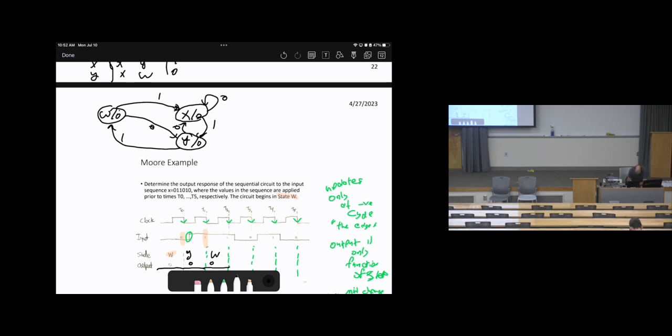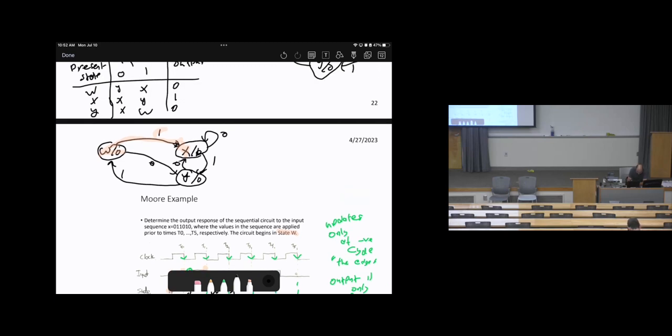Now, we are at W and the input is 0. If the input is 0, it will go to Y. Let's see here. I'm sorry, here the input is 1. Apologies. At Y, the input is 1. It will go to X. So here it will go to X, and X is associated with output 1.